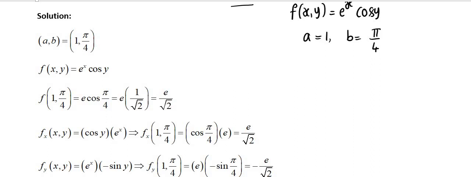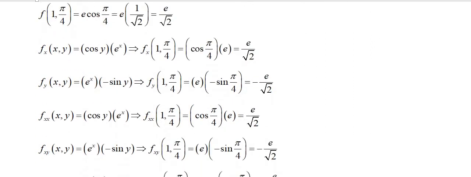Now we are going to find out first order partial derivatives. Those are fx and fy. Fx of x comma y is equal to, how to calculate this one means, given that f of x comma y is e power x into cos y.